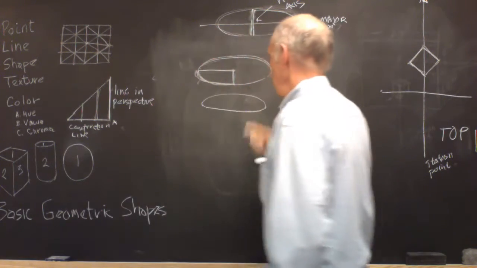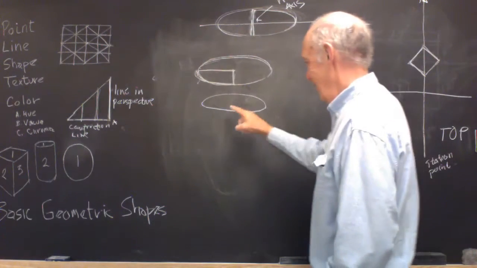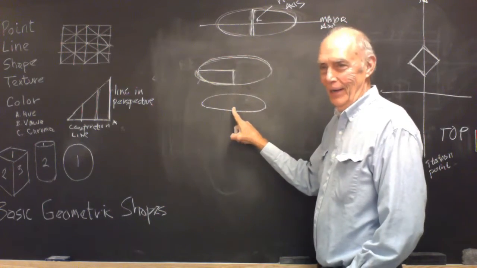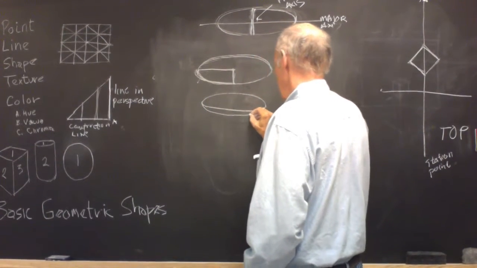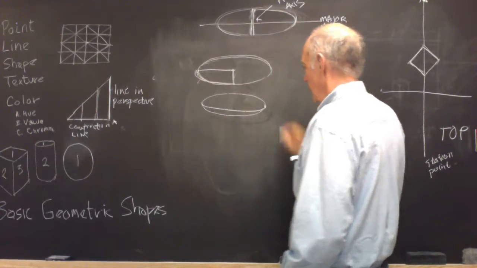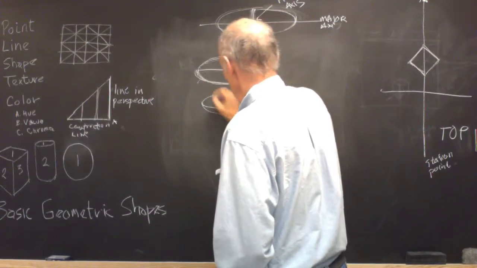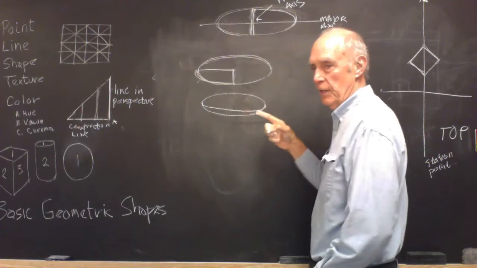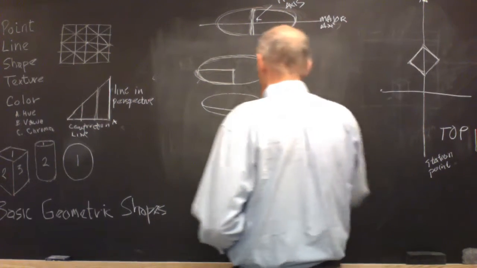What's wrong with this ellipse? This is bad. This is really bad. So this is down here like this. In other words, the bottom half of this ellipse is incorrect. Now there's another.